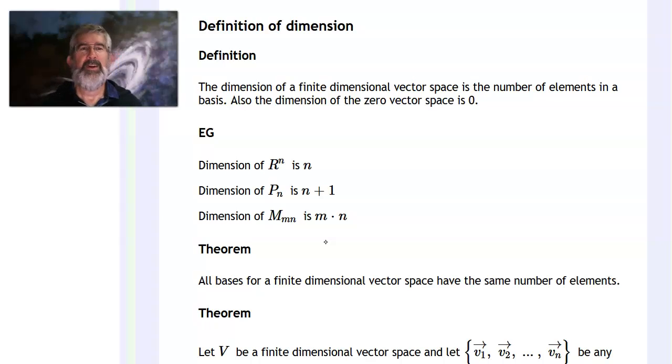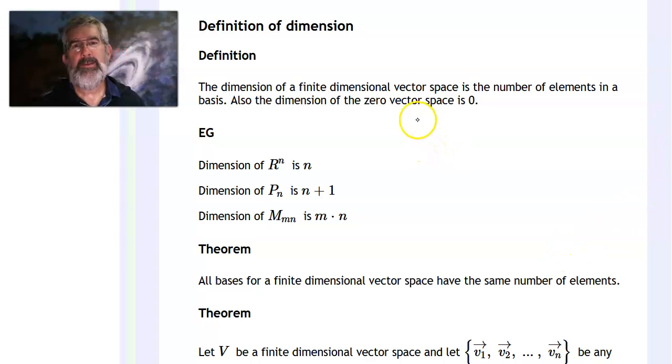Well, the whole rest of this video is trying to essentially say that this definition is a good definition. We're going to prove the theorem here that all bases of a finite dimensional vector space have the same number of elements. So you aren't going to have a situation where you have to choose how many. It'll be the same.